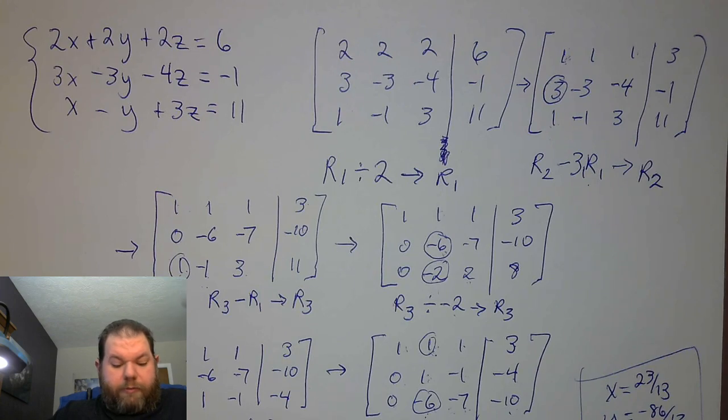I think the issue is I'm not quite sure how to do this on the calculator. I was able to enter the matrix okay, but it should be able to reduce it for me.